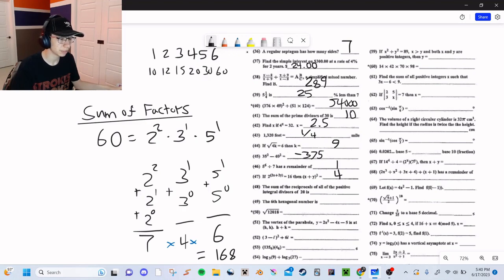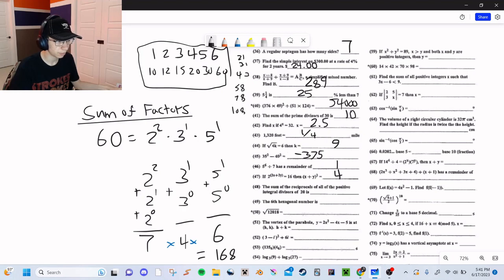So 1 plus 2 plus 3 plus 4 plus 5 plus 6 is 21, plus 10 is 31, plus 12 is 43, plus 15, 58, plus 20, 78, plus 30 is 108, plus 60 is 168. So it holds true.